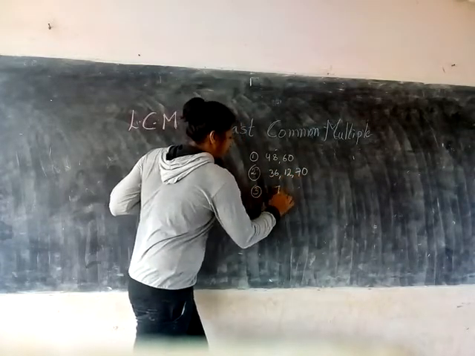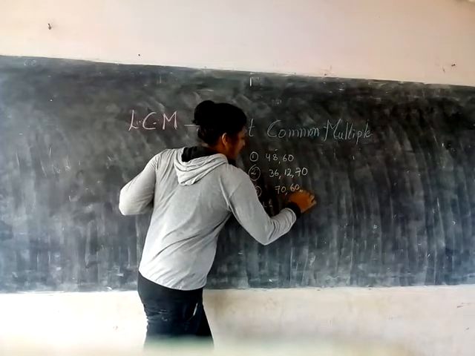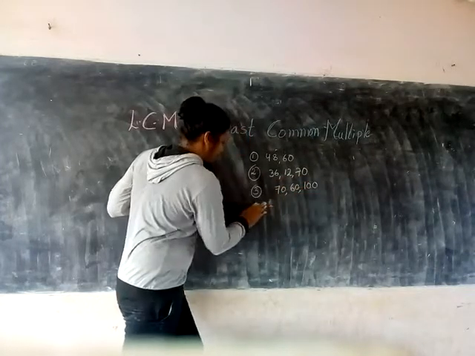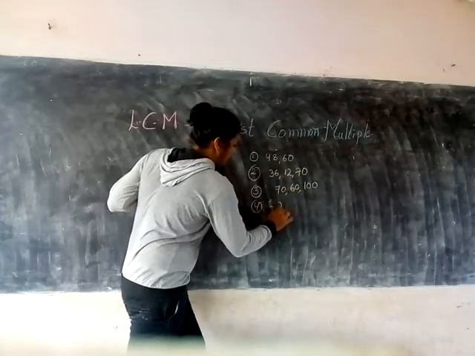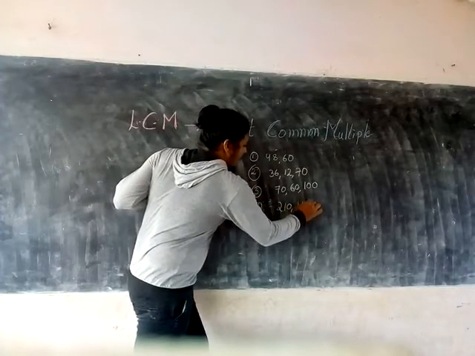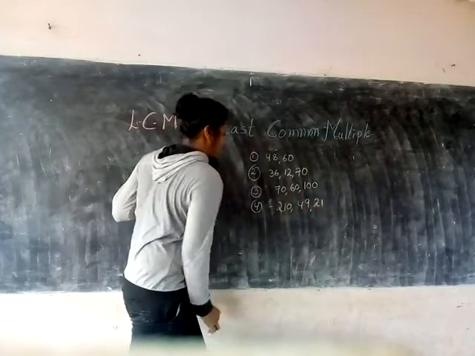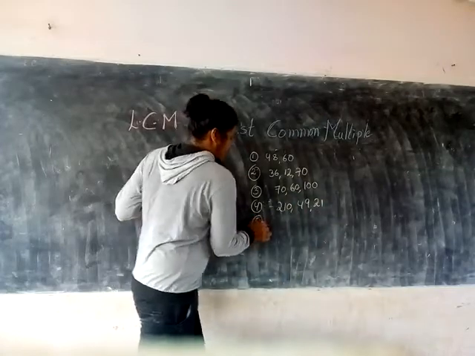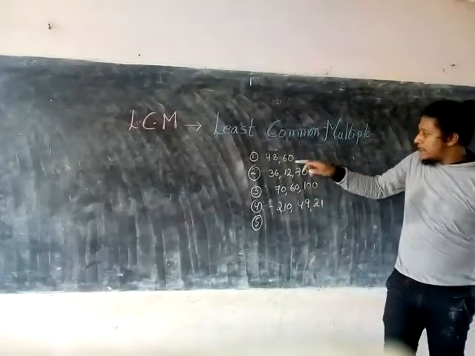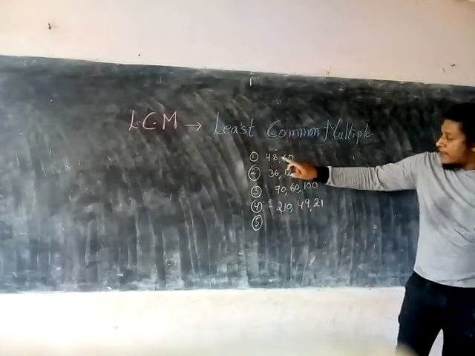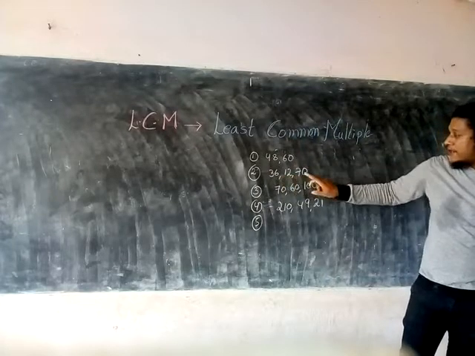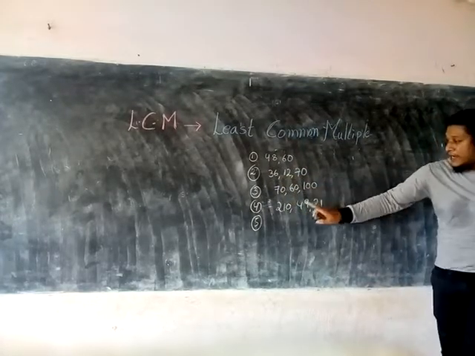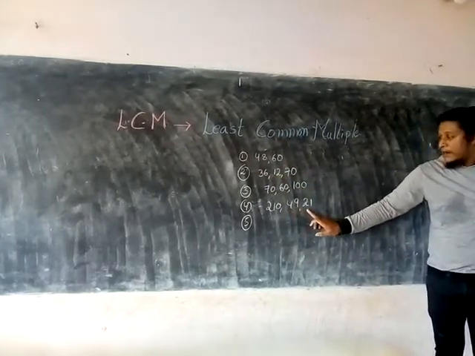Third one, 70, 60, 100. Fourth one, 210, 49, 21. So practice these sums. Find the LCM of these numbers.